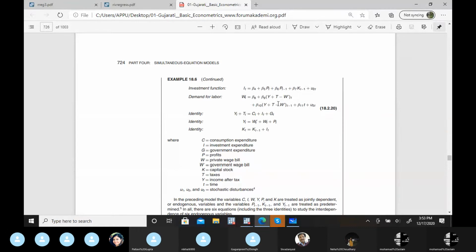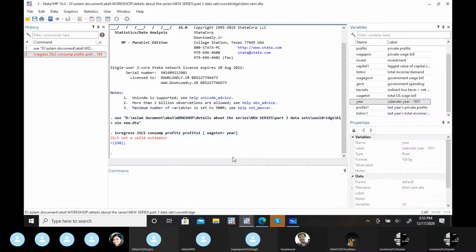Does anyone see any mistake here? Any guess why we're getting this error? We made some mistake in the instrument variable in 2SLS.